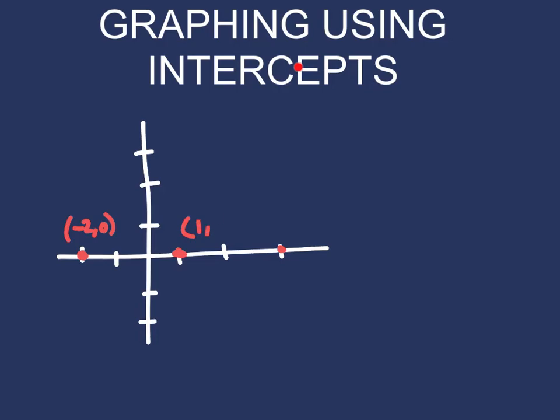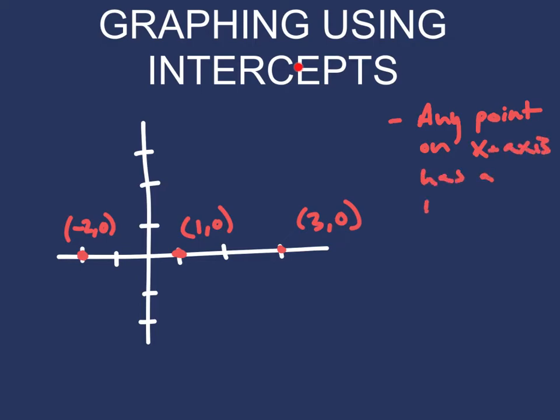This point would be 1, 0. This point would be 3, 0. What I notice about any point on the x-axis is the y value is the same. The y value is 0. So any point on the x-axis has a y value of 0.